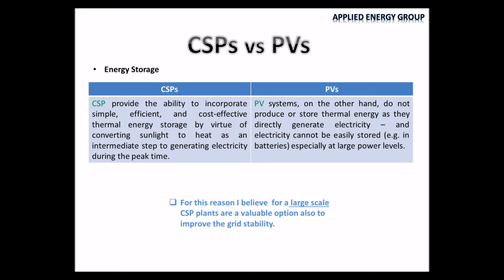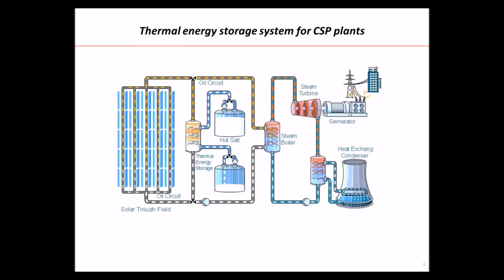In parabolic trough and heliostat technologies, the most common technology used in large-scale CSP is two-tank systems, hot and cold tanks, connected with a heat exchanger between them.